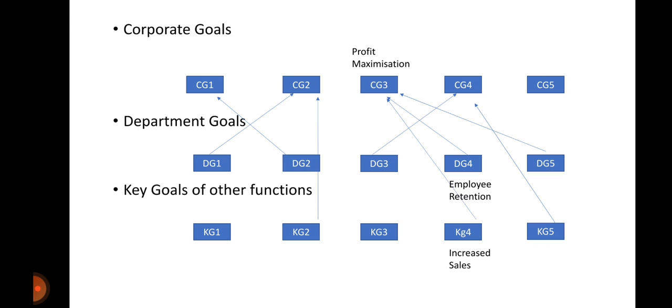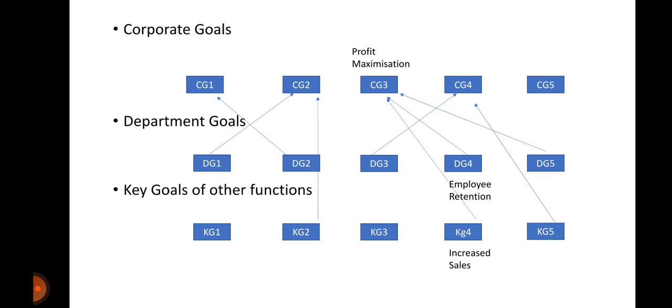Whatever goals of a department are designed by the head of the department, they should be taken from the corporate goals, or they should make sure that whatever goal they are achieving, it is indirectly contributing to the corporate goal. So let's take corporate goal number 3 here, that is profit maximization. And let's take the HR department.